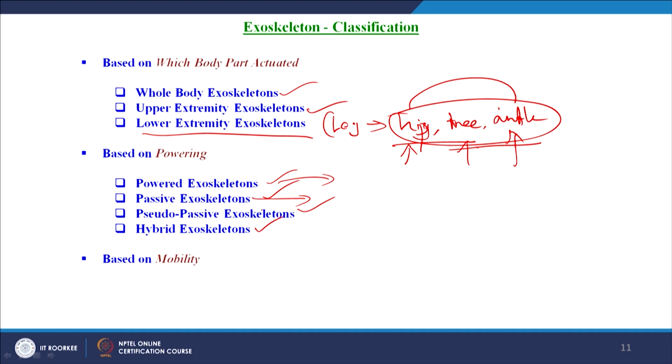Now, coming to the pseudo passive exoskeletons, they have batteries, sensors and other electronics, but are not meant to provide actuation as in the case of powered exoskeletons. They do not provide actuation.